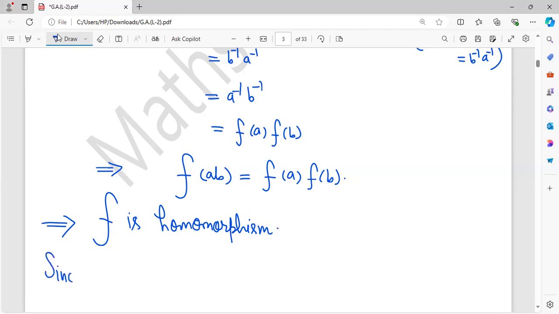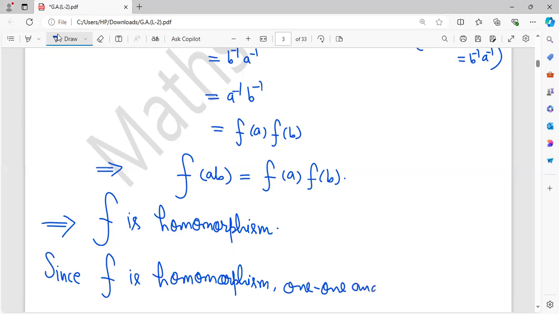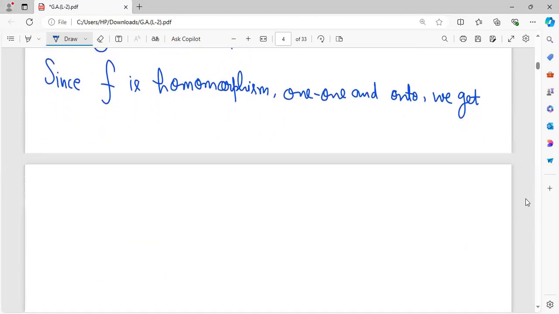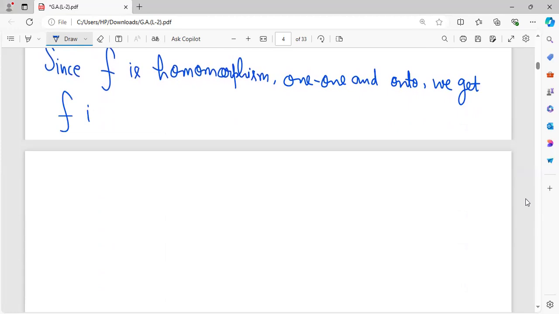Since F is a homomorphism, one-one and onto, we get F is an automorphism of G. Okay. Now we have shown one direction: if G is abelian, F is an automorphism.